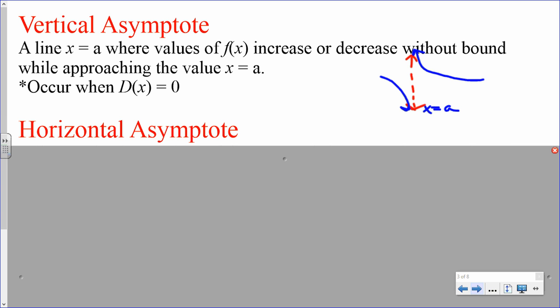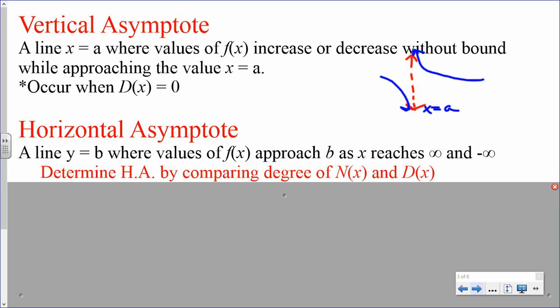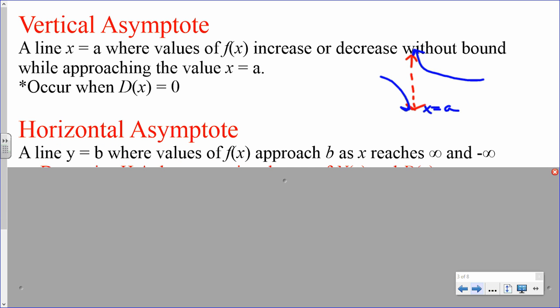There are graphs with more than one horizontal asymptote, but we don't worry about those till calculus. Okay? All right, so a horizontal asymptote is a horizontal line, y equals b, where values of f of x approach b as x reaches infinity or negative infinity. Write it down, and then I'll talk about what that looks like.